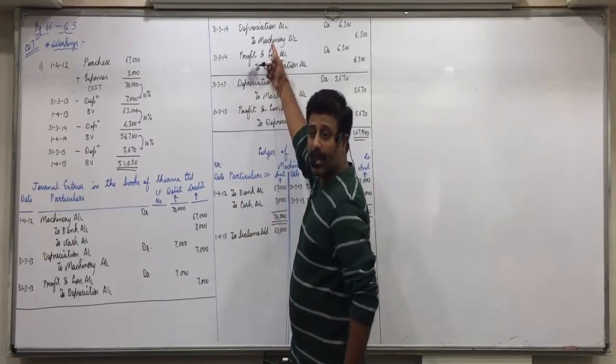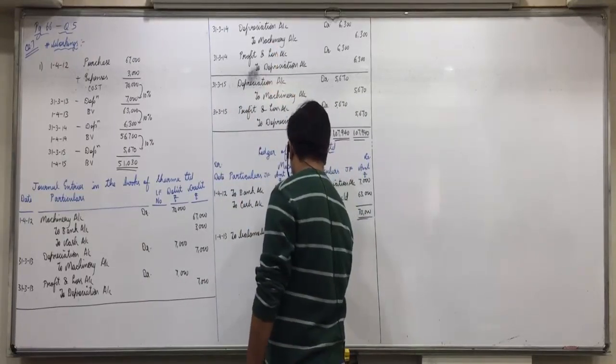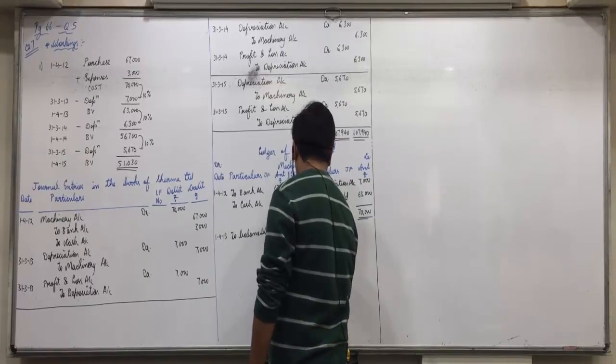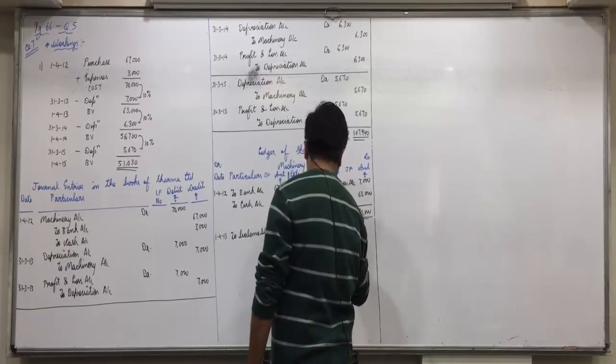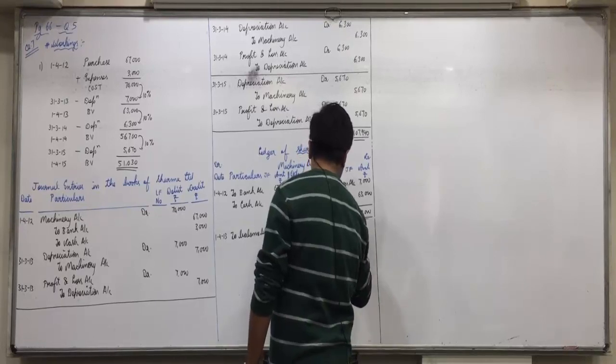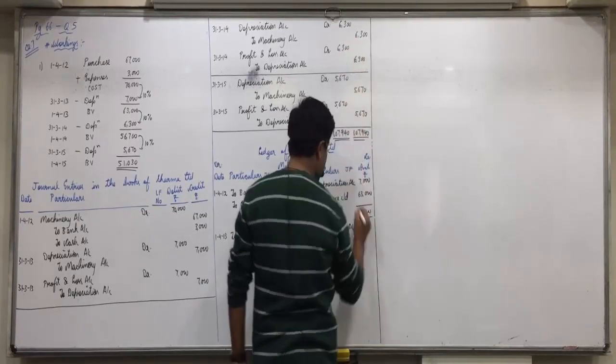To machinery, so credit side 31,314 by depreciation account, opposite account 6,300.